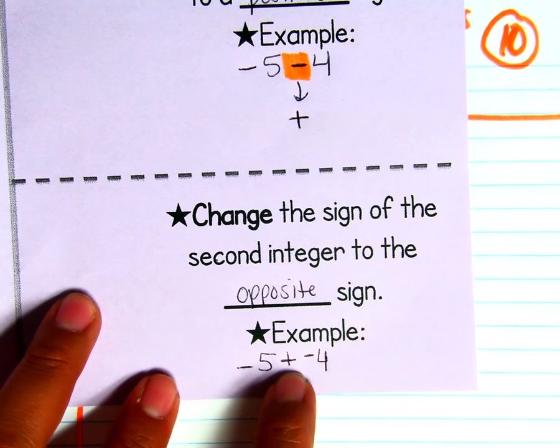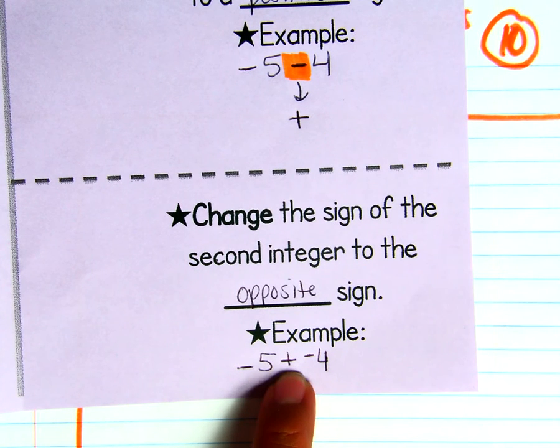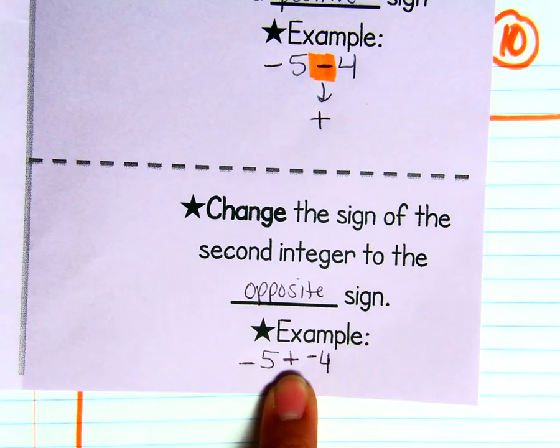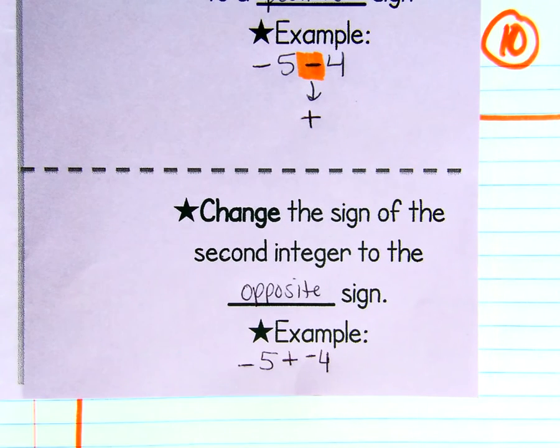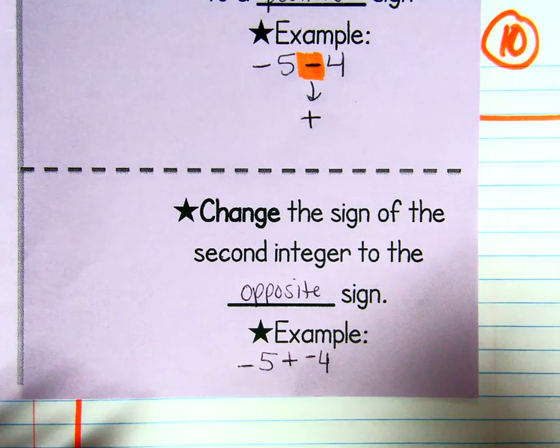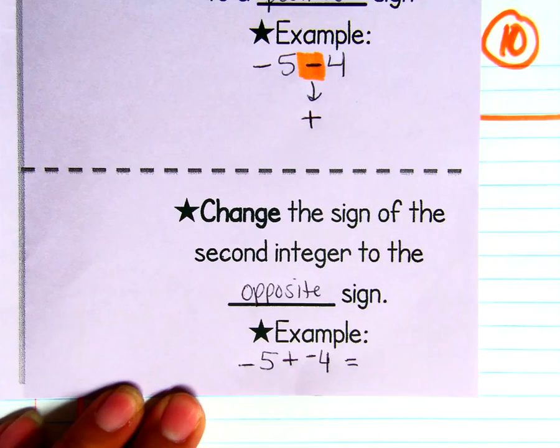Before it was subtraction, now it's addition, and we already learned this last week. We have the same signs. So what do we do with integers that have the same sign? Look at your notes. For the same signs, we add them.